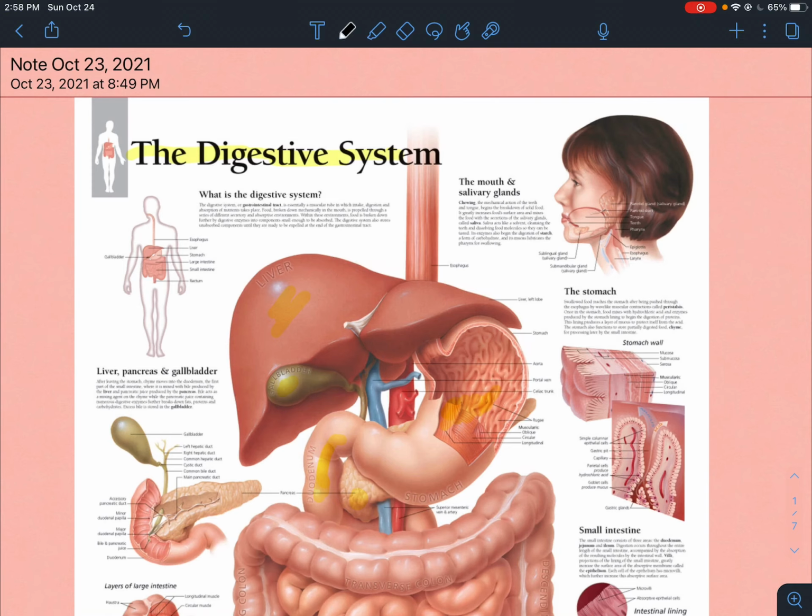We do have two basic types of digestion. One is called mechanical, and the other one is known as chemical.